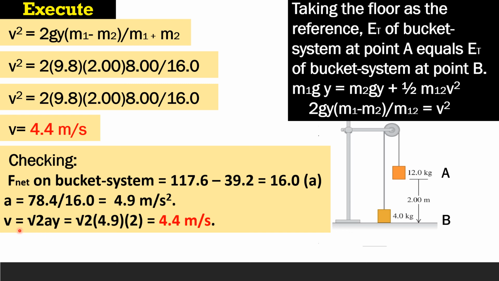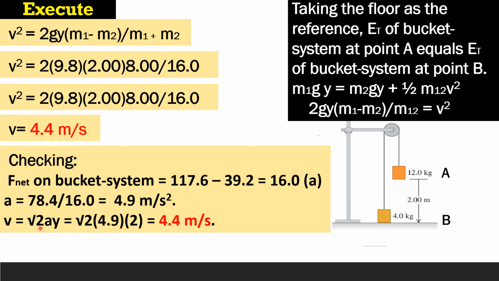There's that formula for determining the final speed of a body when it starts from rest and travels a given distance. The original formula is v final squared equals v initial squared plus 2 times the acceleration multiplied by the distance traveled.